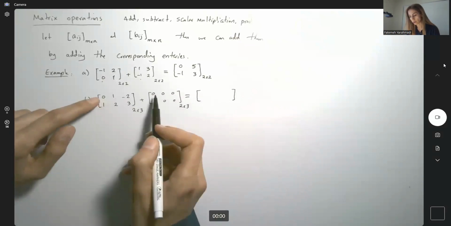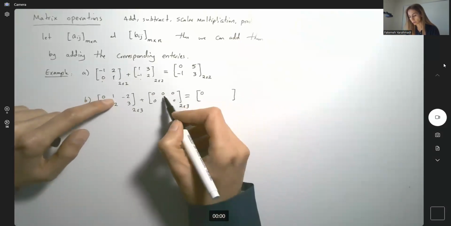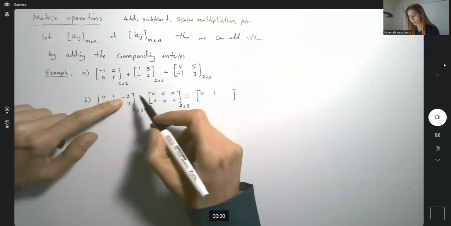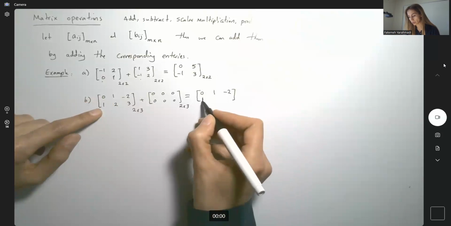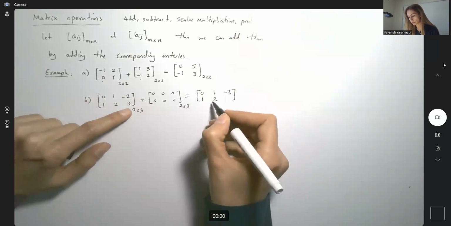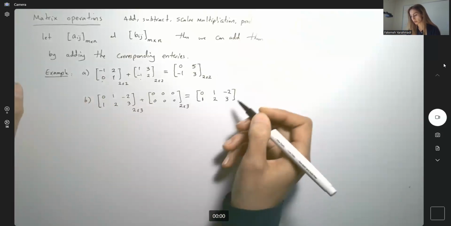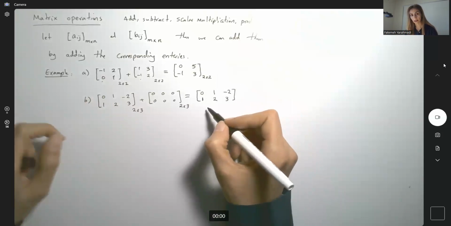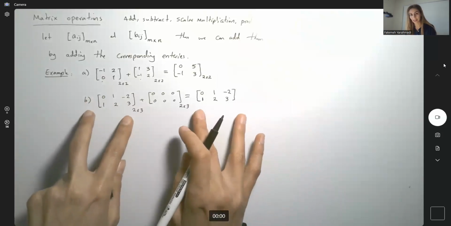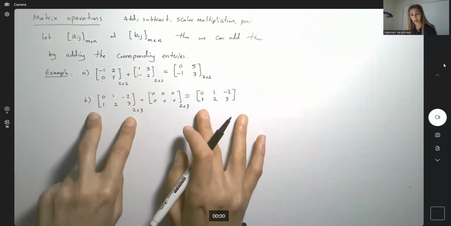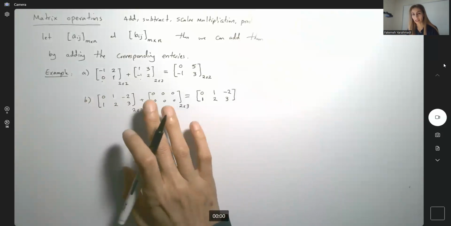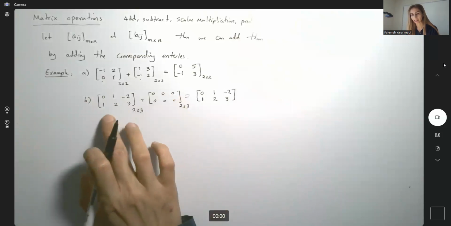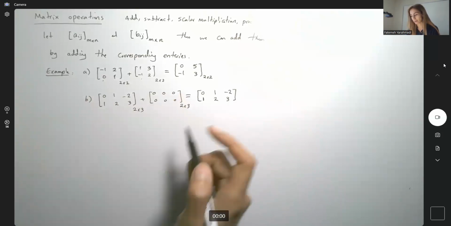So I have 0 plus 0, 0, 1 plus 0, 1, -2 plus 0, -2. Then you have 1 plus 0, which is 1, 2 plus 0, which is 2, and 3 plus 0, which is 3. So obviously, note that you got the exact same matrix back. This is just a matrix that has no effect on the original matrix.